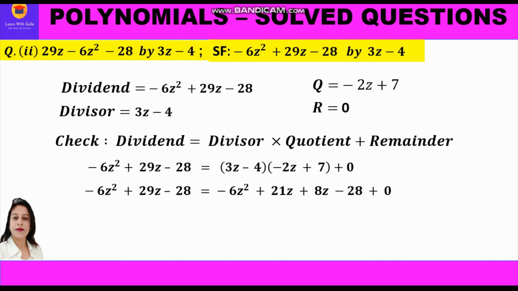Now further minus 6z square will come as it is, 21z plus 8z we will get 29z, and minus 28 plus 0 is minus 28. So you will observe that left hand side and right hand side are exactly the same. That means our division algorithm is satisfied and our answer is correct.